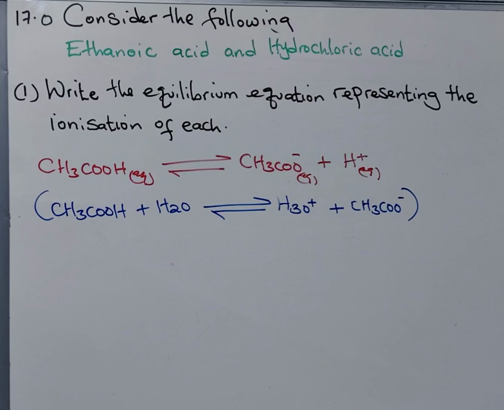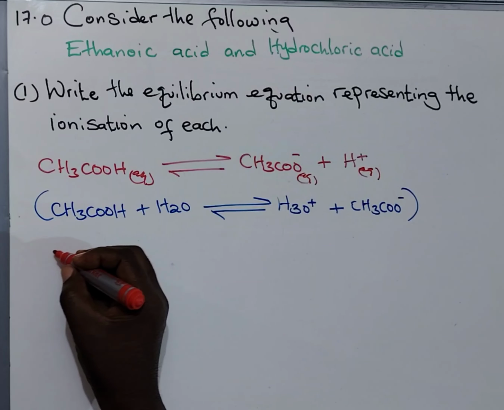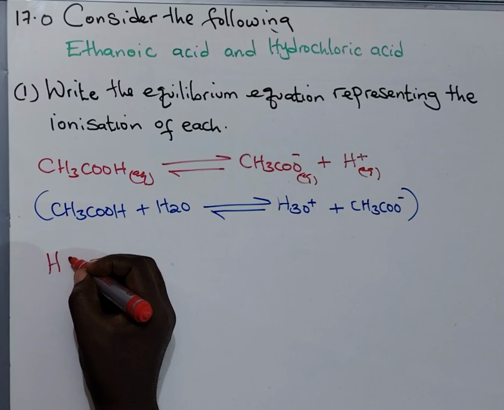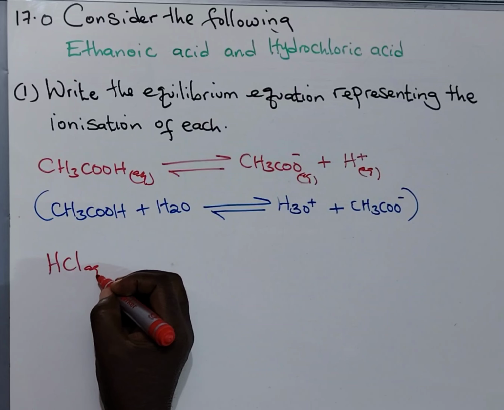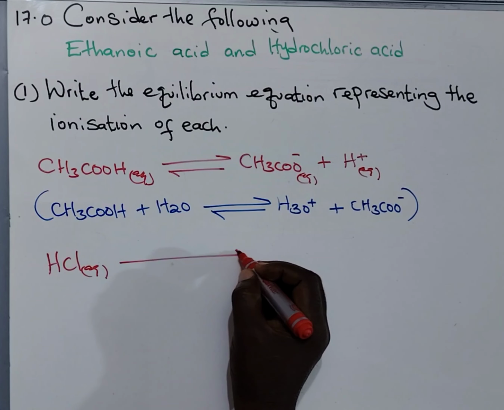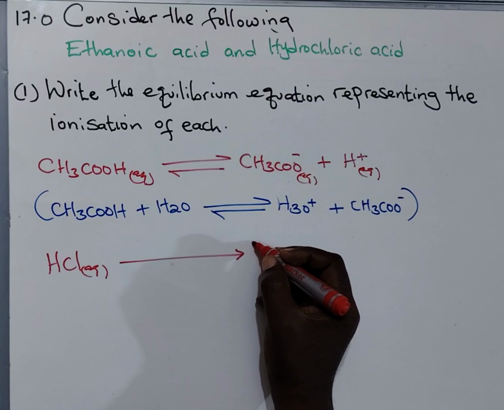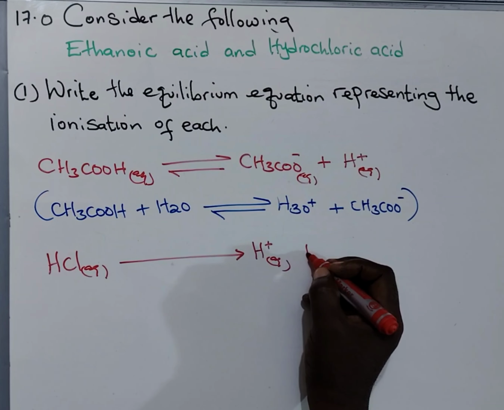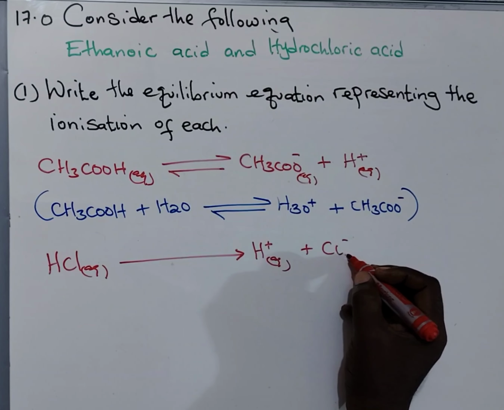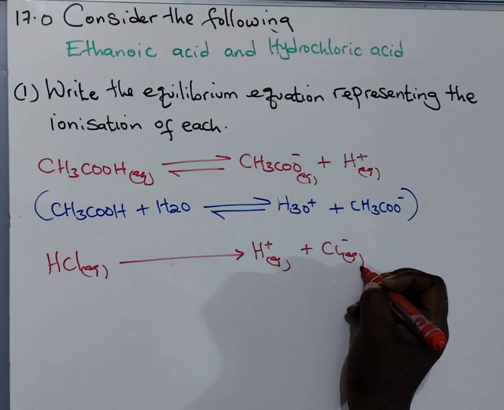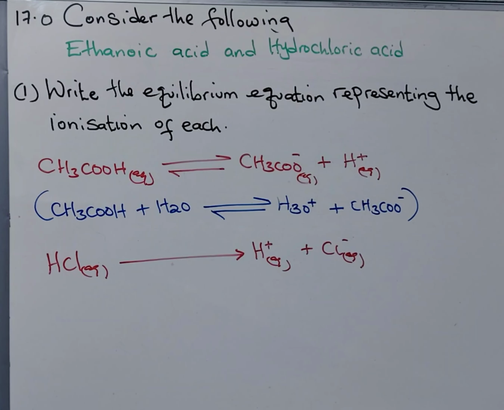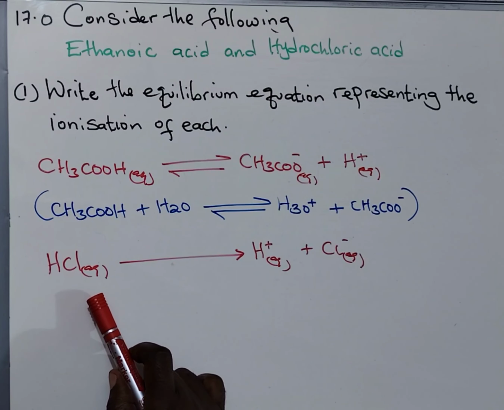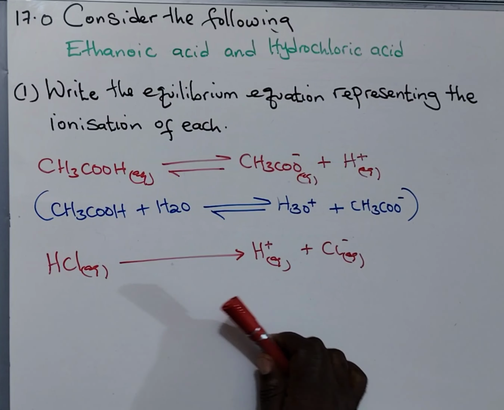How about for hydrochloric acid? We can say it is HCl aqueous, ionizing to give you H plus aqueous plus Cl minus aqueous. Why do you use a single arrow in one direction?